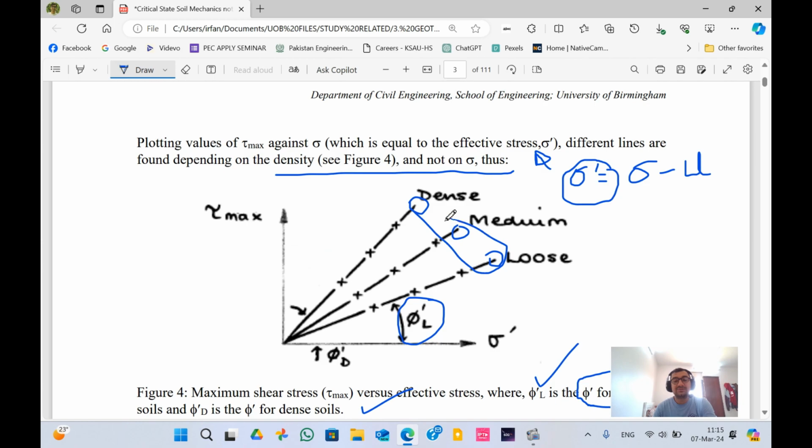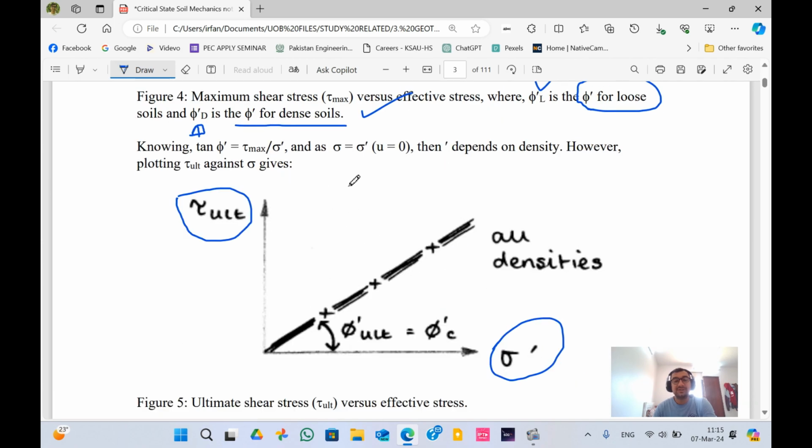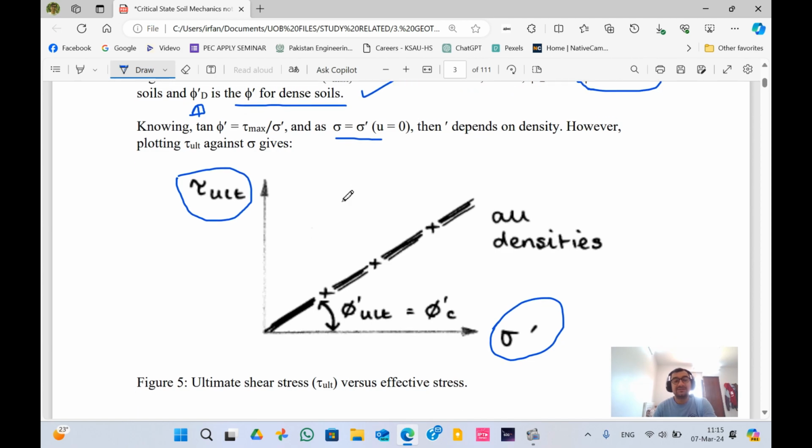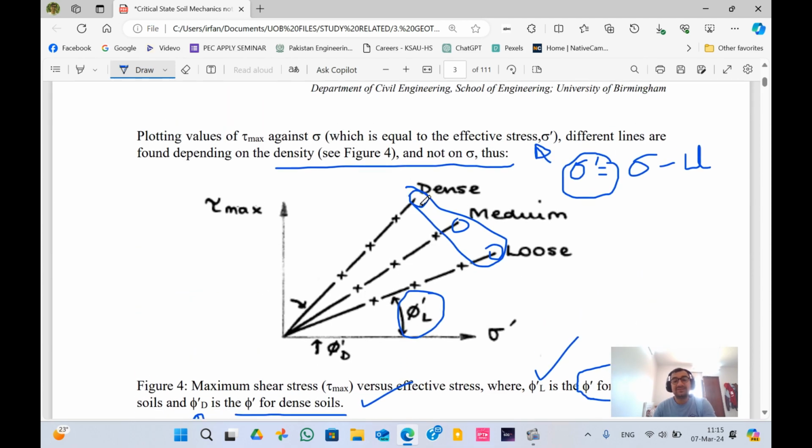This is not the case here, because it is saying that, however, plotting ultimate against the total gives this. So this means that it has shown all these densities, because ultimate shear stress, obviously they are reaching the same point at the end.